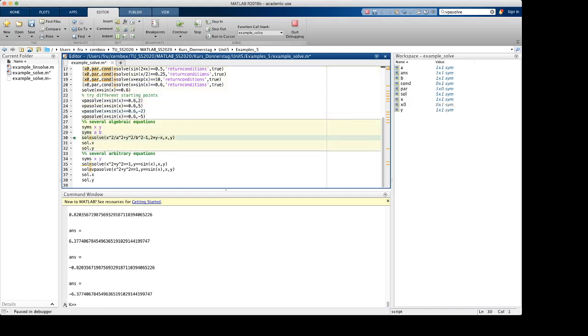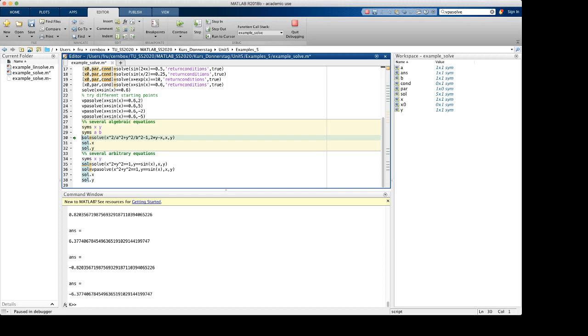So you will recognize the first argument of solve in line 30 as the equation of an ellipse. The second argument is a line, and we solve these two equations with respect to x and y. So we find intersection points of this ellipse with a straight line.